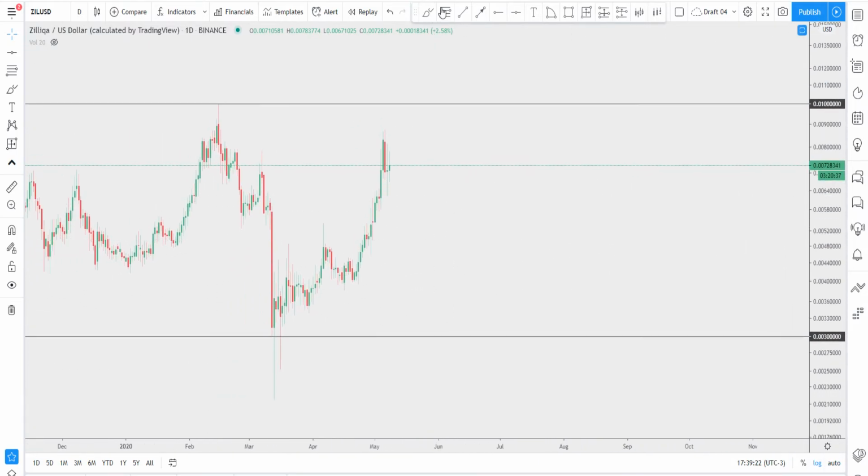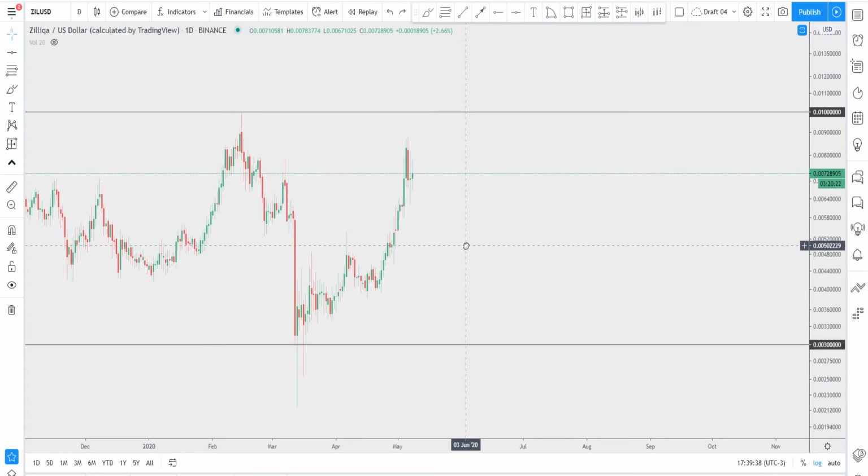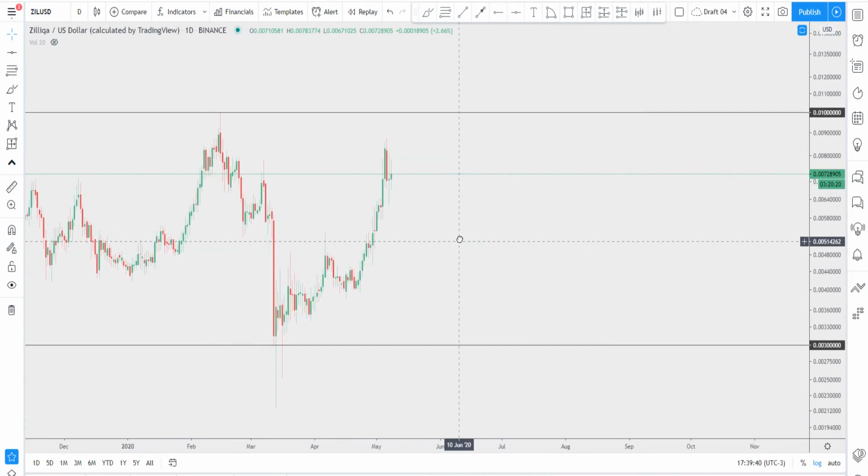Okay, so these last candles here, this bullish activity is based on Bitcoin behavior, okay, probably bots following the Bitcoin, which is nothing new, okay.